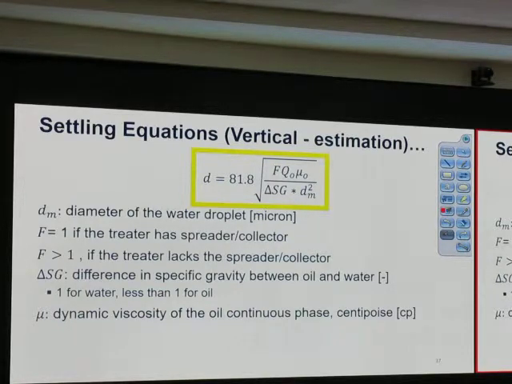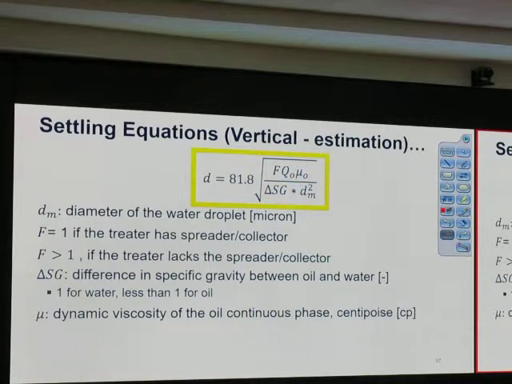So this thing will exactly tell us whether we have a big enough heater treater or not. So if I have a vertical heater treater, I say, okay, we have just a regular heater treater. Okay, the treater has a spreader or collector. We know the difference in the specific gravity. That has to be determined at the temperature of the heater treater. Okay, we know the viscosity of the oil phase.